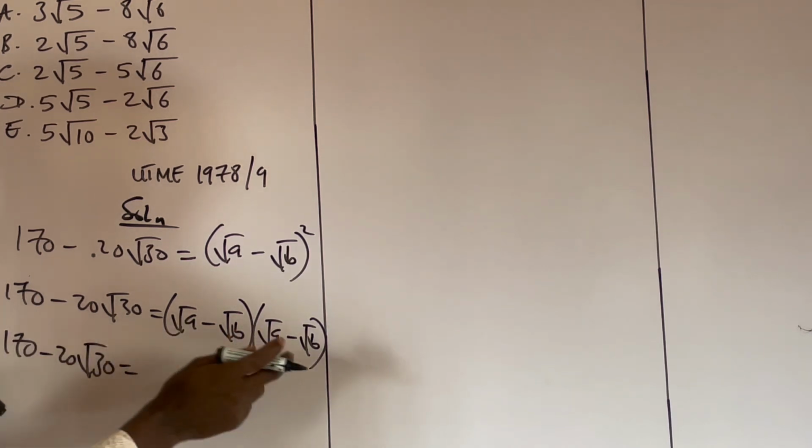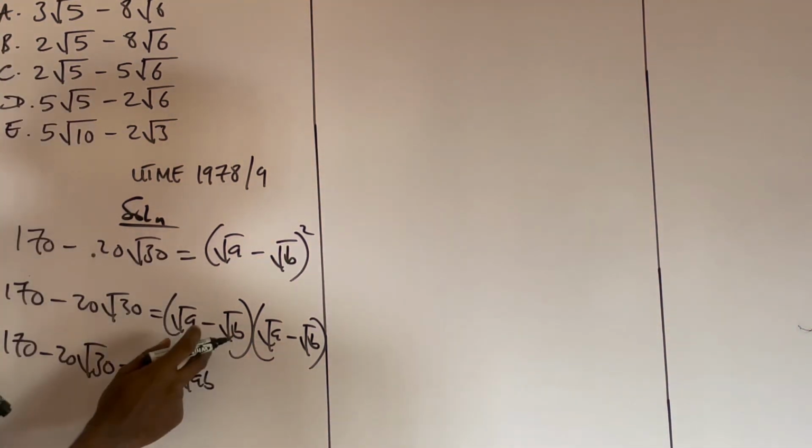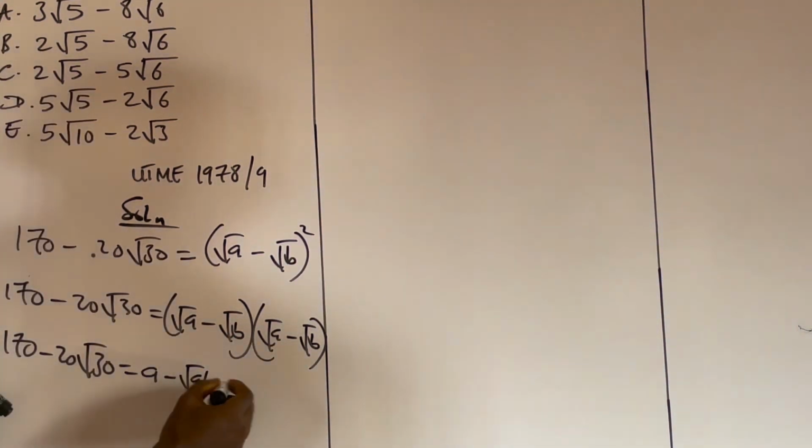Let's expand. Root A times root A will give us A. Minus root A times root B will give us root AB. Minus root B times root A will give us minus root AB.